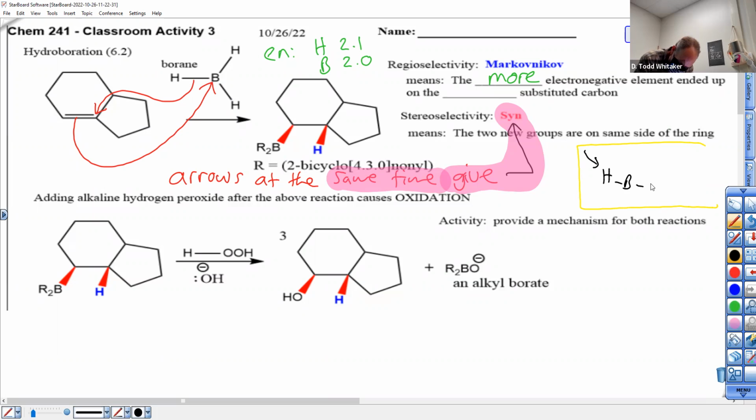H, B, H attached to the ring. Okay? You've got that. And then another double pi bond. And I guess, oh, the double bond's not in the 6, it's in the 5, right? And the 6 is glued to it. And why are we attacking the B and not the H again? Remind me.